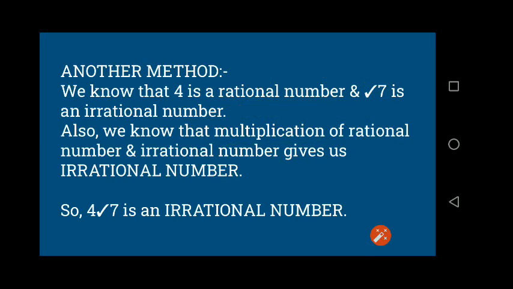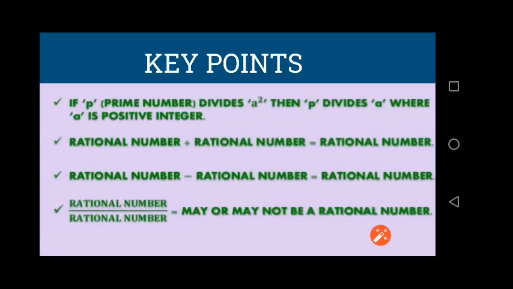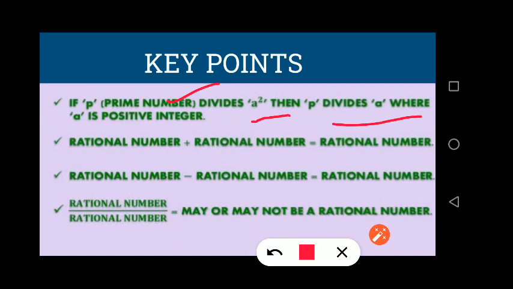So let's move further. This is all about proving irrational numbers. Just a few key points you have to remember: if p is any prime number which divides a square, then p divides a also, where a is a positive integer. And also, rational number plus rational number is a rational number. Rational number minus rational number is a rational number.